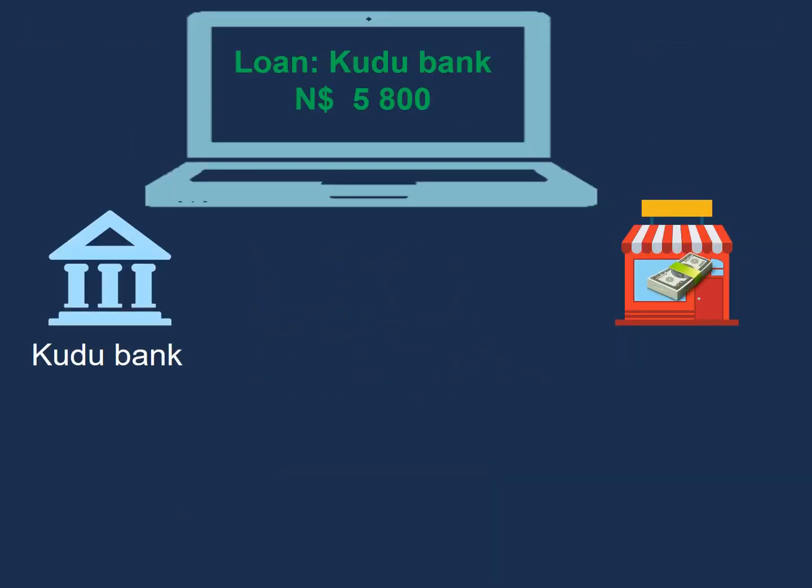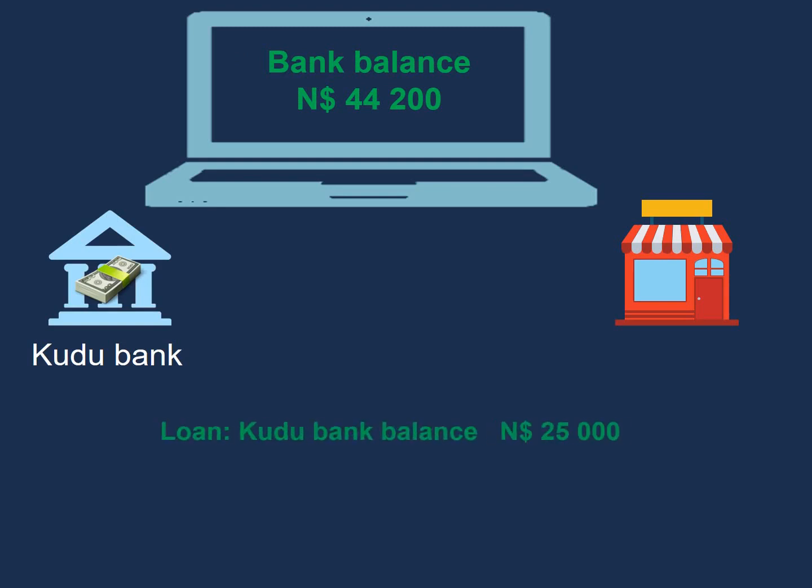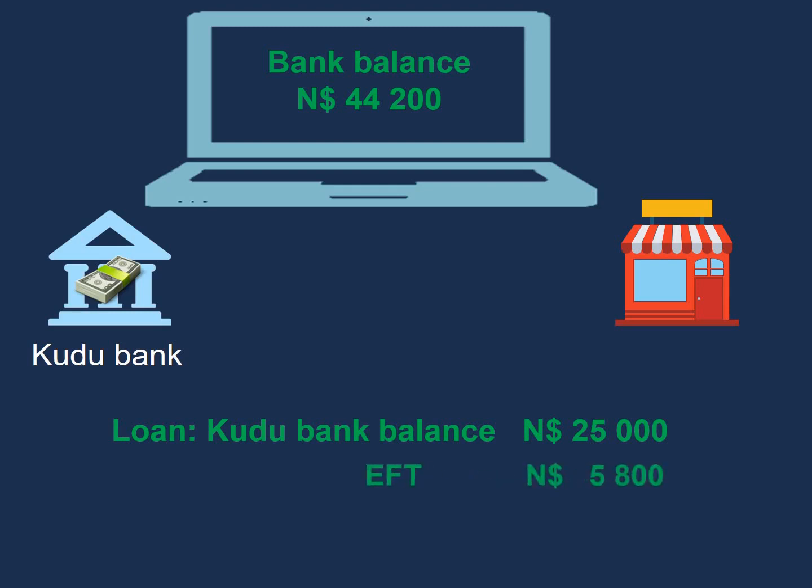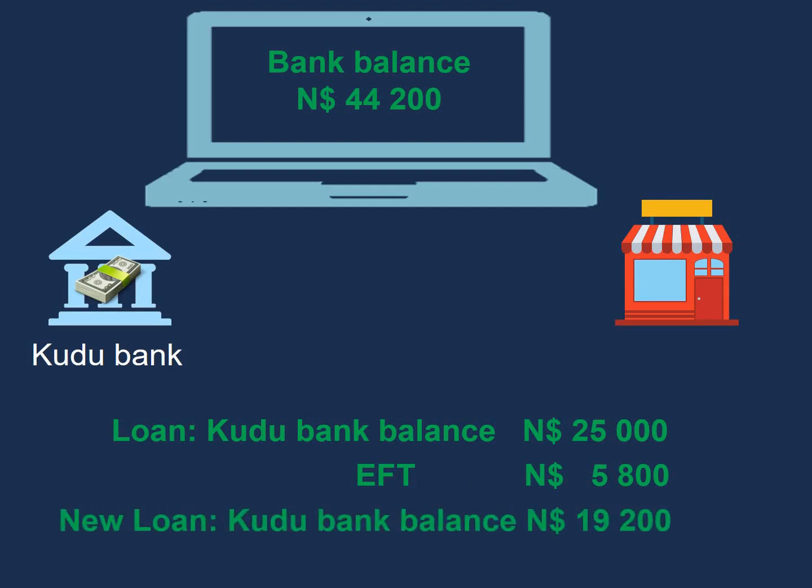So after the bank paid Kudu Bank the 5,800 Namibian dollars, the business's bank account decreased to 44,200 Namibian dollars. So the balance of the loan at Kudu Bank was 25,000, but after this payment of 5,800, the balance of the loan at Kudu Bank decreased to 19,200.